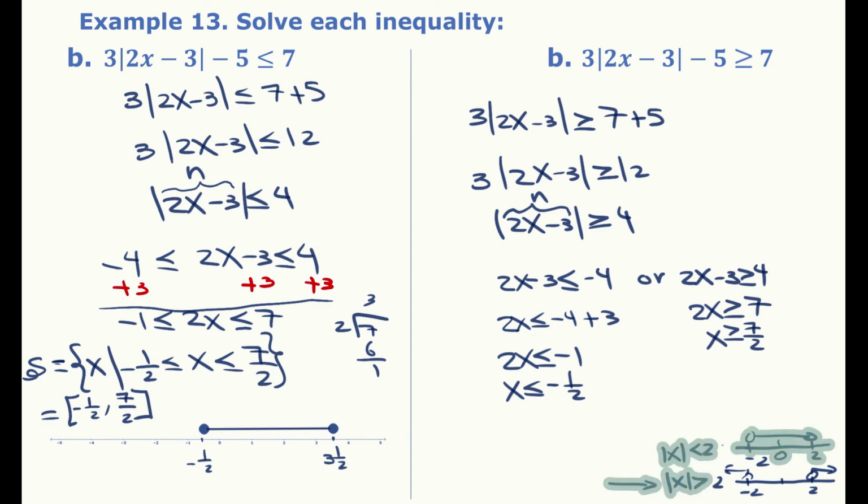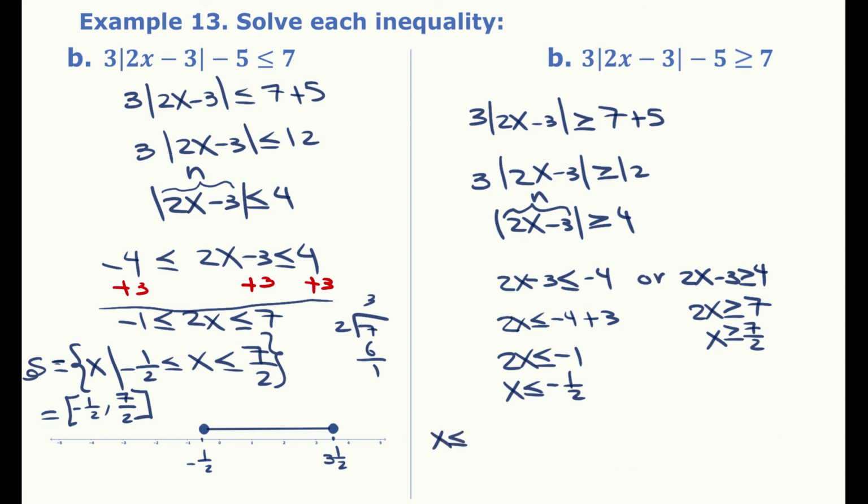So let me go ahead and get rid of these real quickly now so we have more space. All right, so basically the solution values are x values that are either less than or equal to negative 1 half or x greater than or equal to 7 halves.